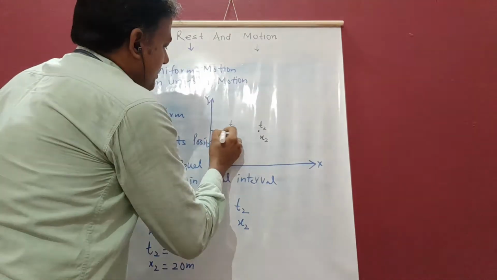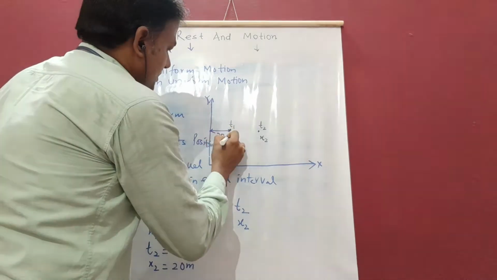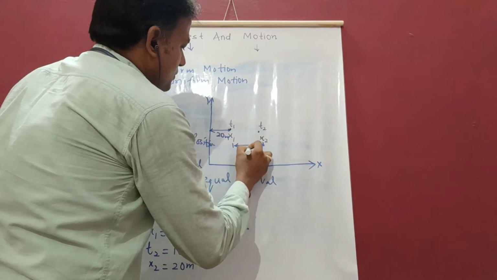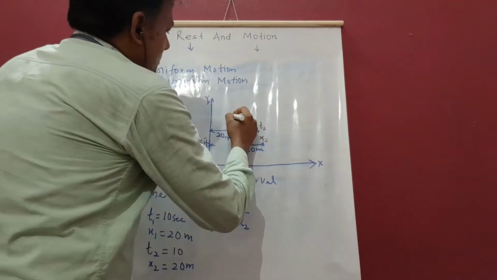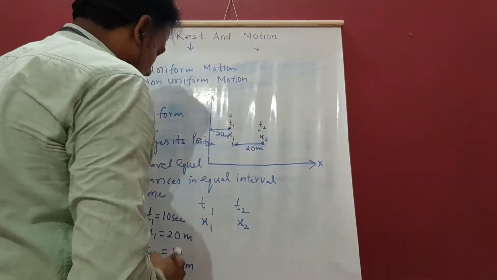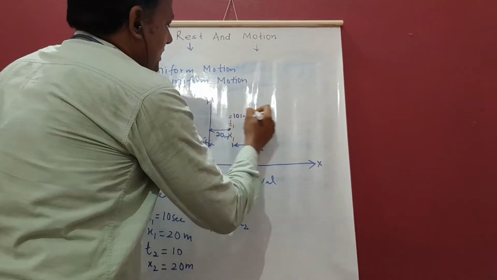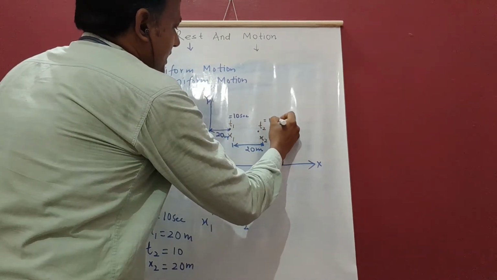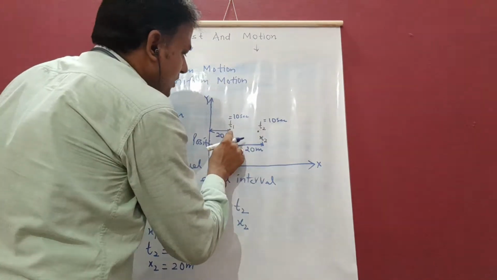From here to here it is 20 meter, and from here to here it is also 20 meter. Time is constant in both the cases, that is 10 second, from this point to this point, from 1 to 2.